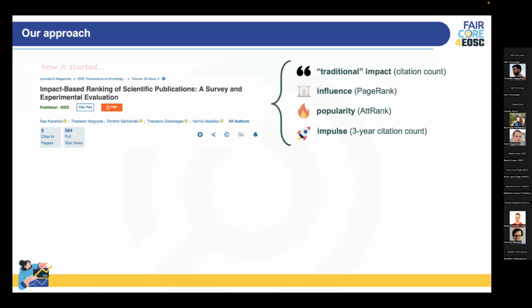In an article that we published some years ago, we identified that there are some distinctly different aspects of scientific impact. For example, a PhD student that starts studying a specific topic may want to identify the most fundamental works in that field. So he or she is interested in the overall impact, or as we call it, the influence of the works in this topic.